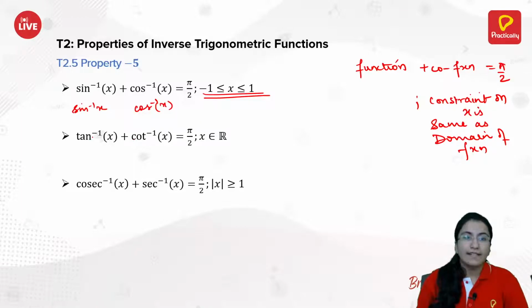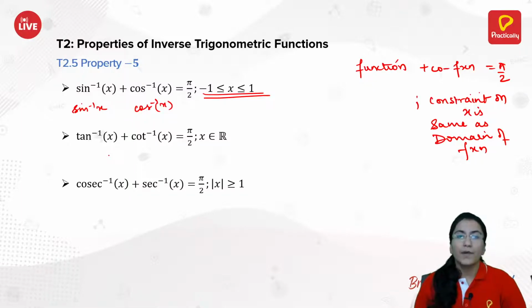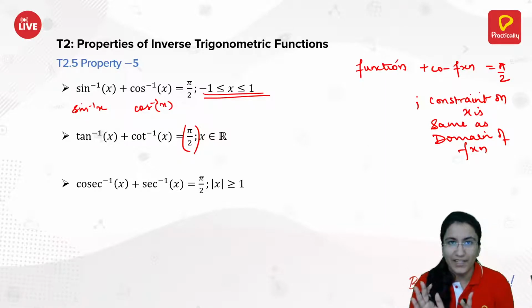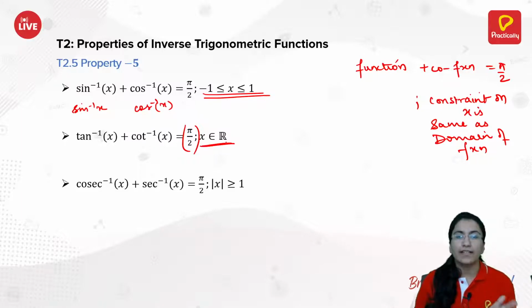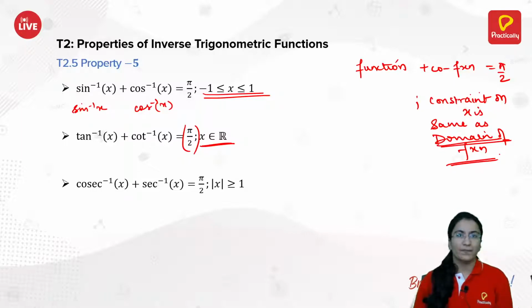Next is tan inverse x plus cot inverse x. This sums up to pi by 2, since cotangent is the cofunction of tangent. And the value of x ranges from minus infinity to plus infinity, which is the same as the domain of the function, right?